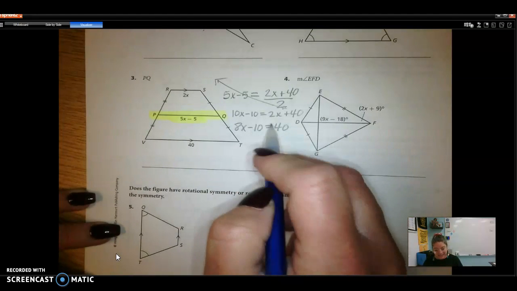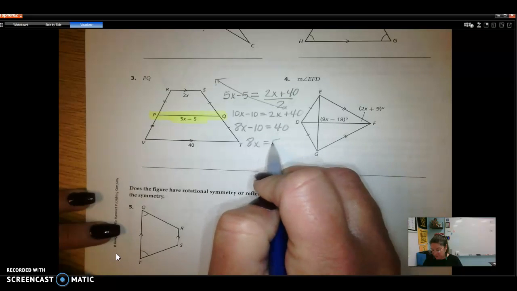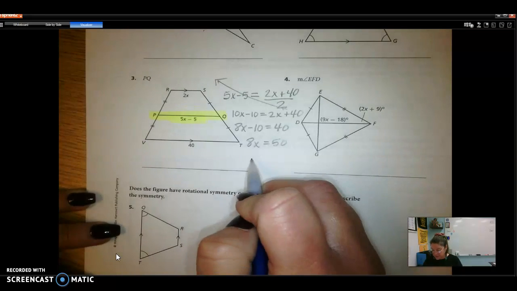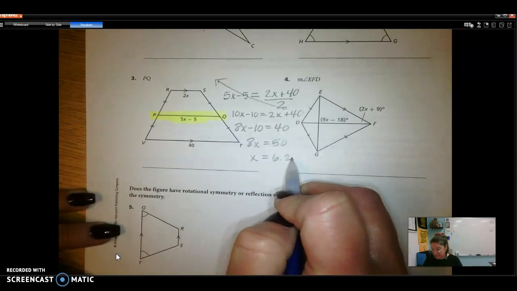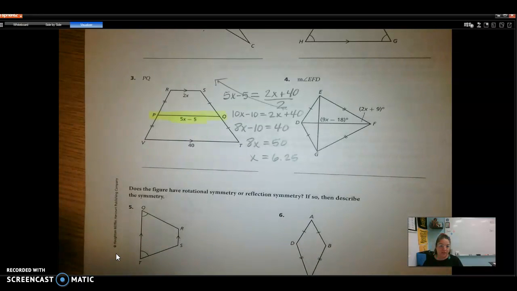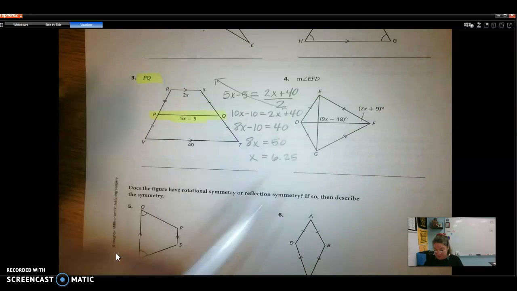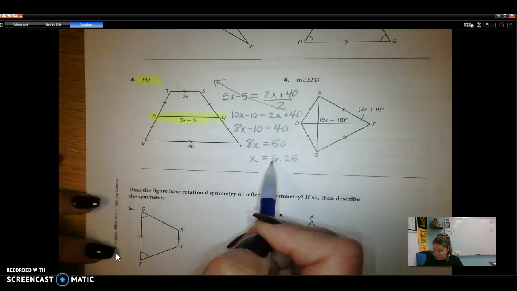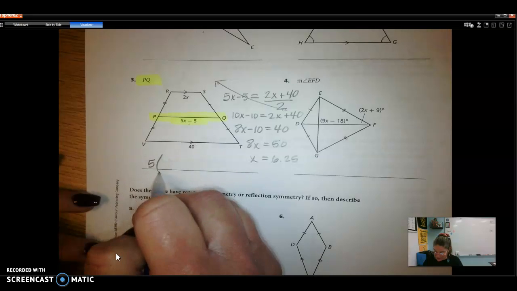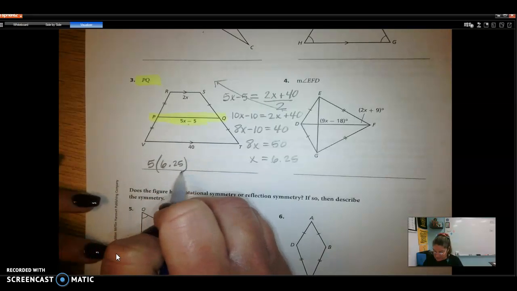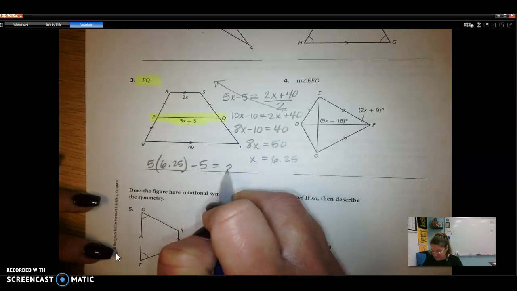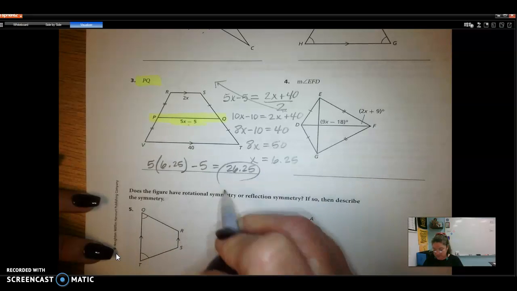I'm going to add that 10, so now I'm at 8x equals 50. When I divide by 8, I end up with 6.25. Okay, so 6 1/4. Remember, we're trying to find out what PQ is, and so you're going to plug that in here. So 5 times 6.25, subtract 5, and we should get 26.25.